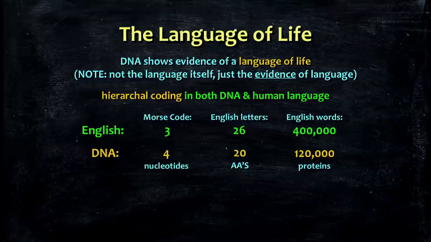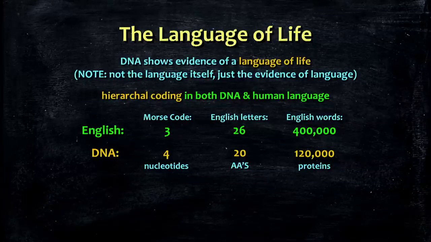The 26 letters themselves can be arranged in particular sequences to code for words. There's something in the order of 400,000 words in the English language. So we've got just 26 letters that can code for 400,000 words.